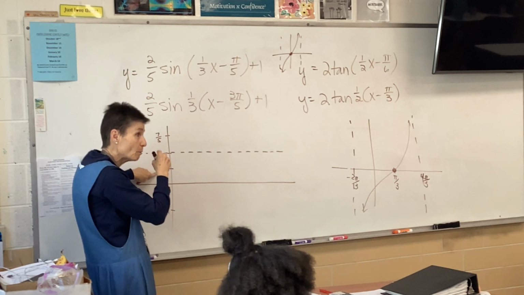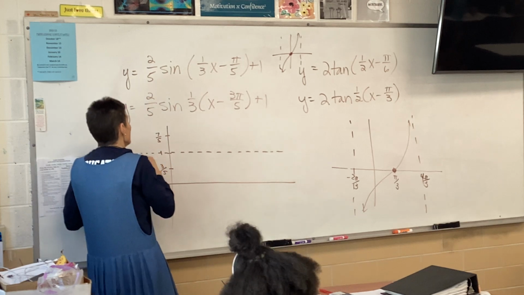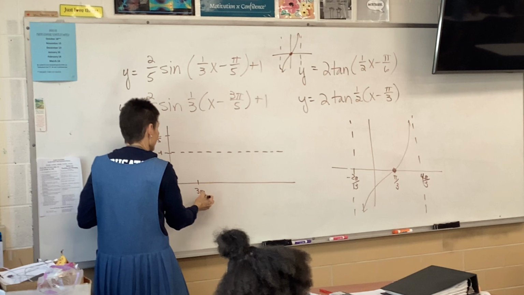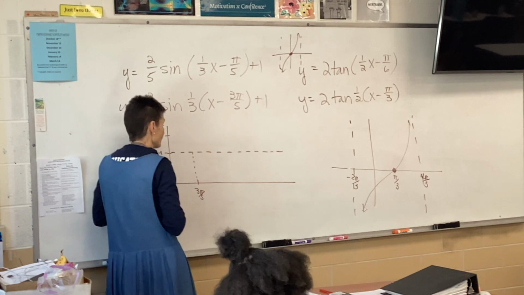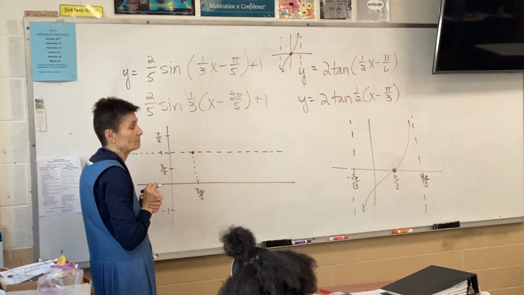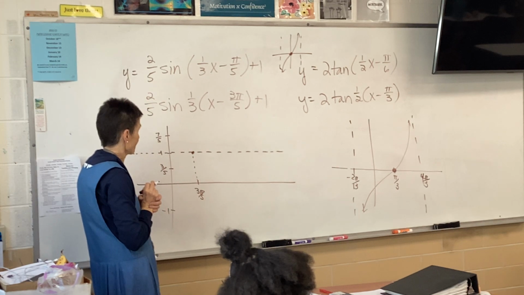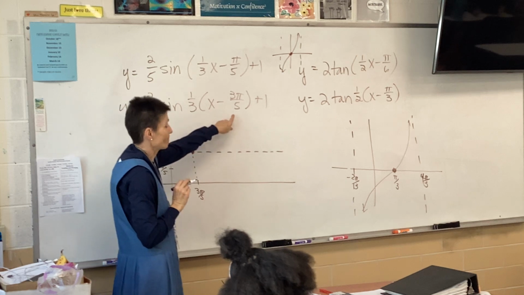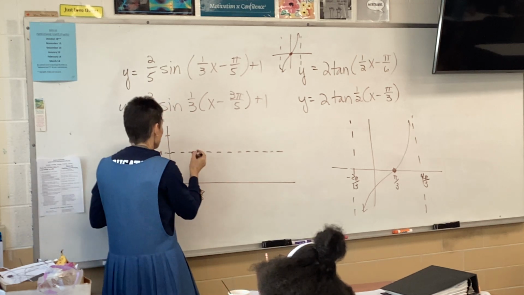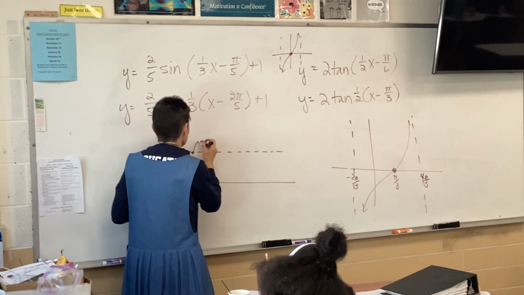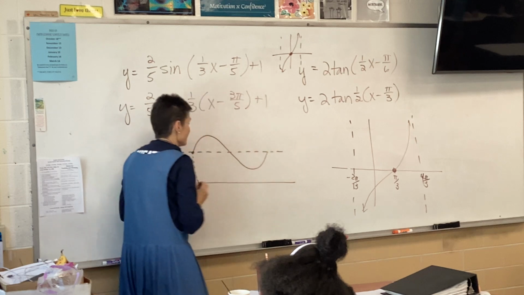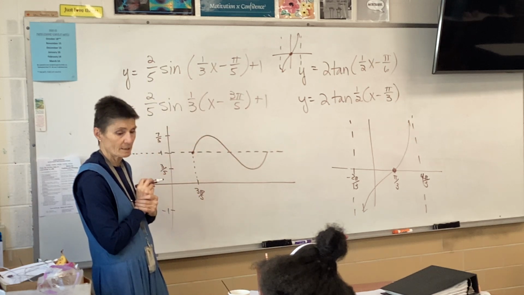Now those are going to be my high points and low points. My curve has shifted 3 pi over 5. So this is now 3 pi over 5 right here. So that's where my sine curve is starting. It's a positive curve, so I'm going to go ahead and put my hill and my valley. There we go. Are you still with me?